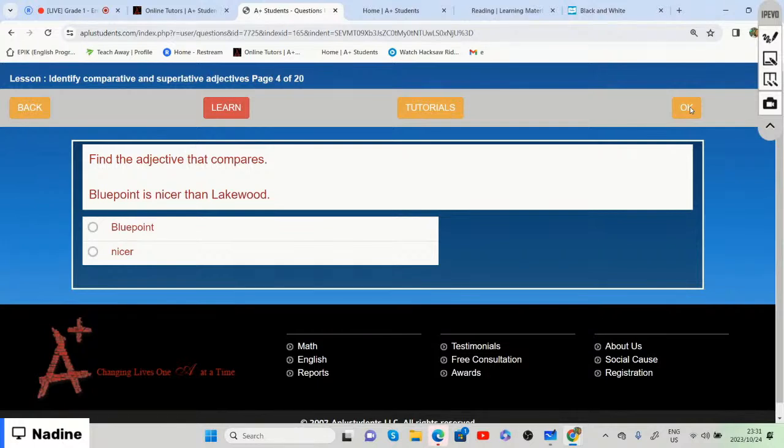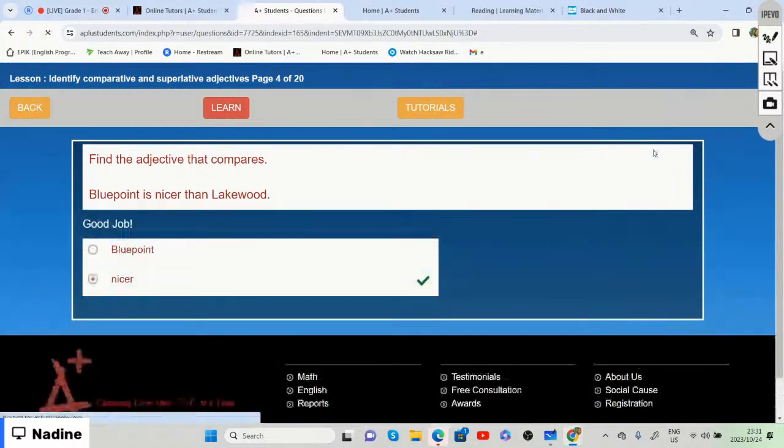All right, so if we find the adjective that compares, we can say it is nicer. And nicer ends in er, which means that it is a comparative adjective. We are comparing how nice Blue Point is to Lakewood. So it is nicer, a comparative adjective that ends in er. So well done. That is correct.